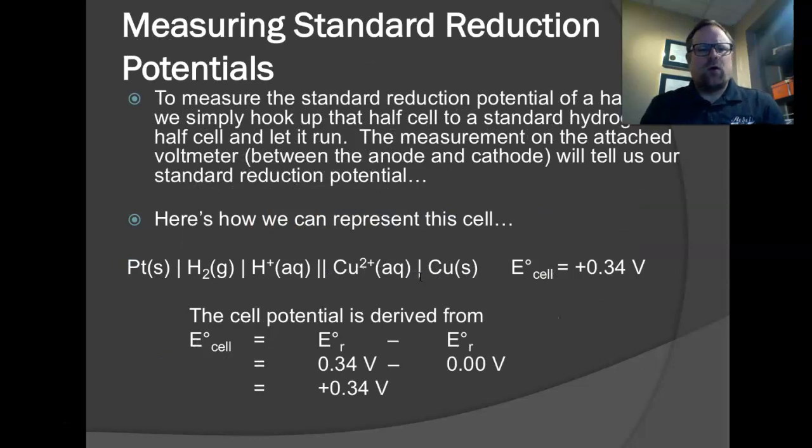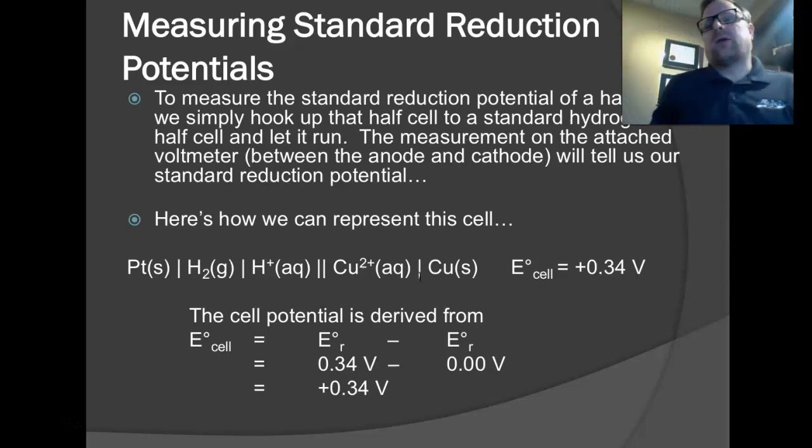So how we can work with all of this knowledge is we can start to set up voltaic cells like we did in the previous video and actually do some calculations to determine the voltage that's created, the cell potential that's created when we hook that particular cell up.